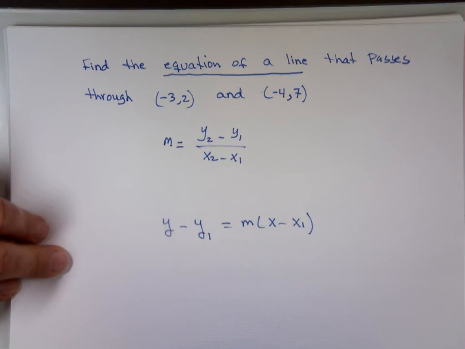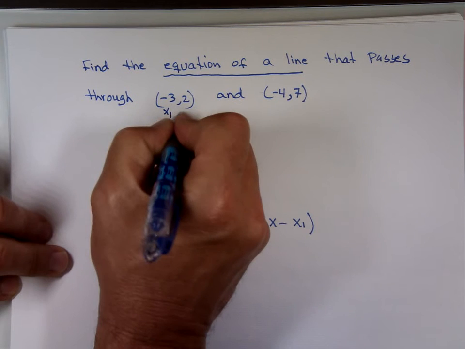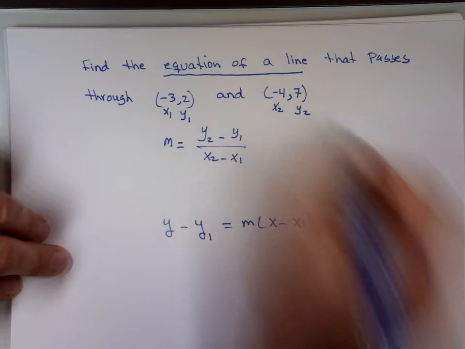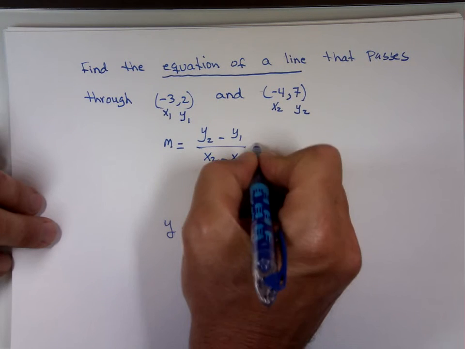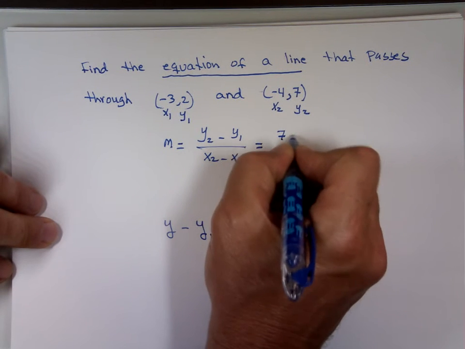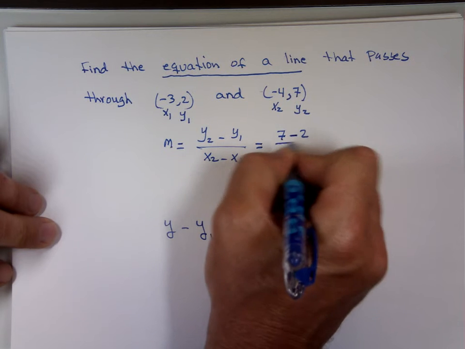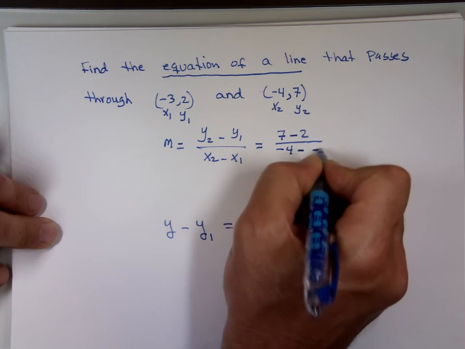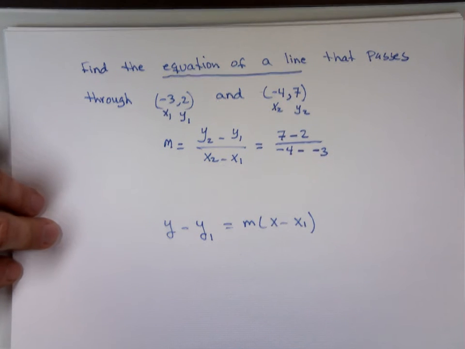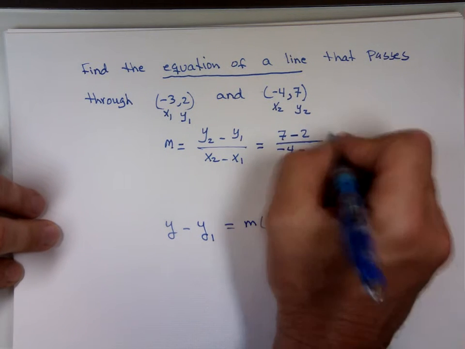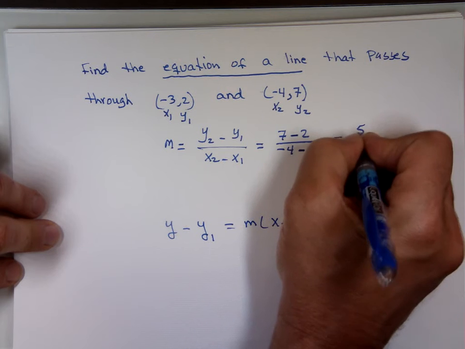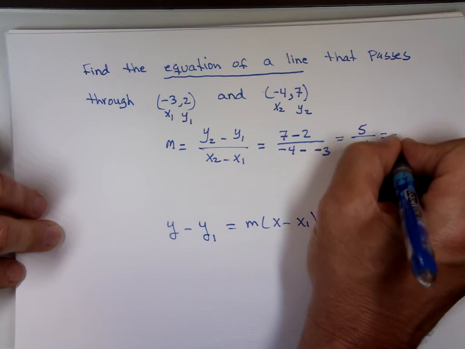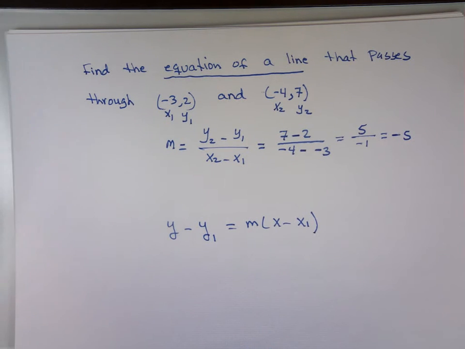This is x1, y1, x2, y2. 7 minus 2 over negative 4 minus a negative 3. 7 minus 2 is 5. Negative 4 plus 3 is negative 1. That's a negative 5.